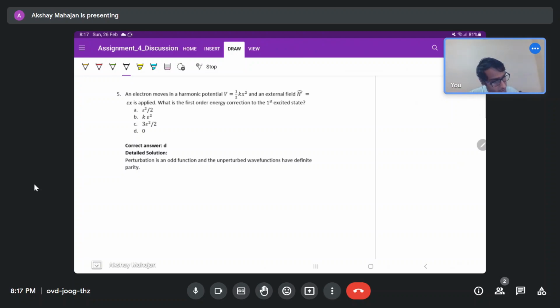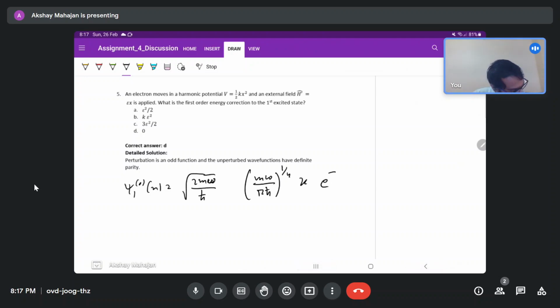Now remember that for the first excited state, psi 1 of x is given by (2m omega by h cross) under root times (m omega upon pi h cross) to the power 1 by 4, x times e to the power minus m omega x square by 2 h cross. So this is your first excited state for this harmonic potential.